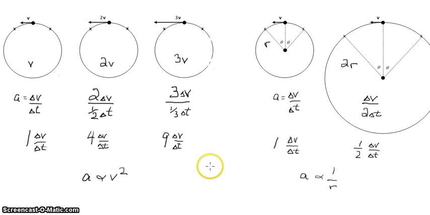Now if we take both ideas and combine them, we are going to get something referred to as the centripetal acceleration, which is equal to v squared over r. That's centripetal, C-E-N-T-R-I-P-E-T-A-L. Centripetal acceleration. The word centripetal means center seeking.